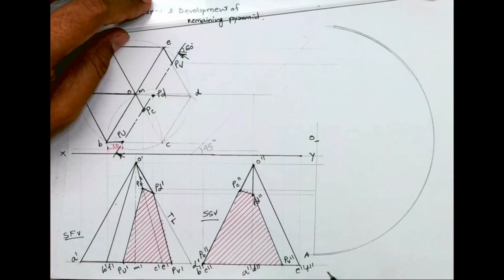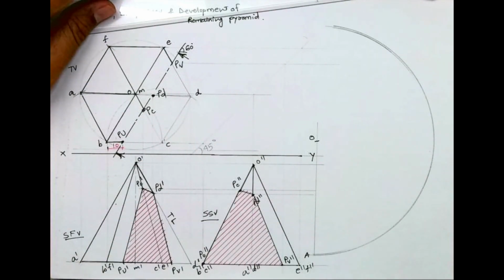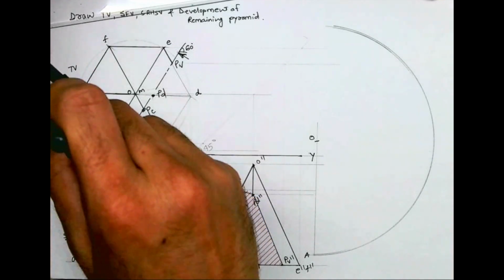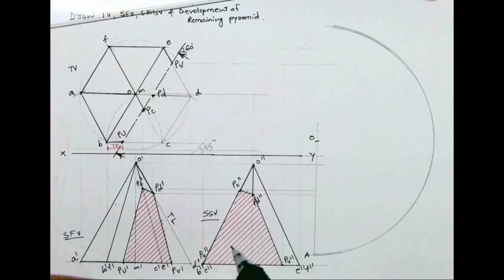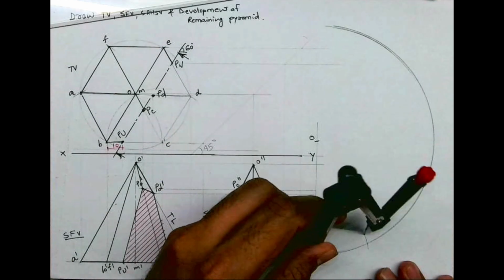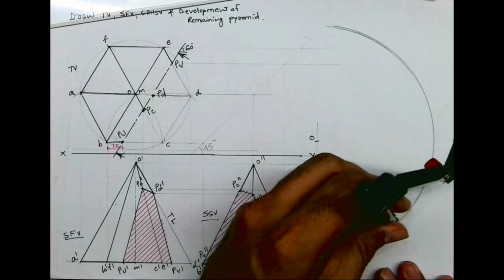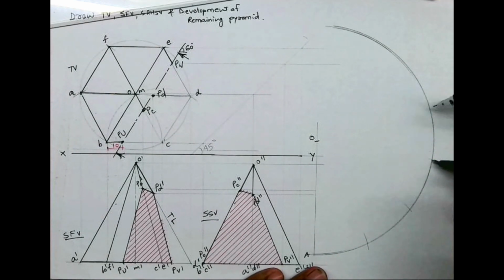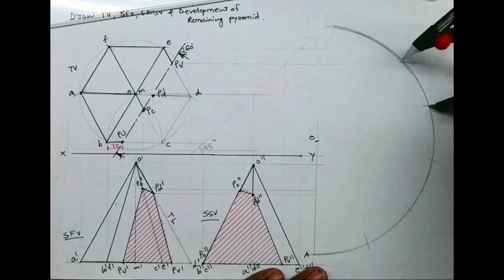This is O, this is A. Then you take A to B and you cut from A. You'll get B, C, D, E, F and A.